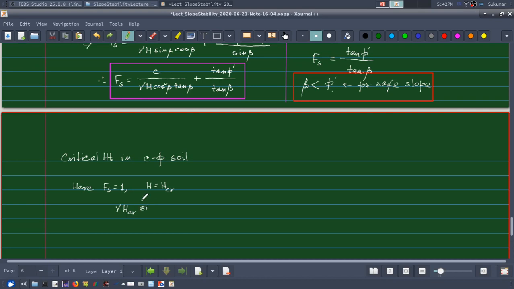Okay, let me write down first cos square beta tan beta, doesn't matter, cos square beta tan beta.